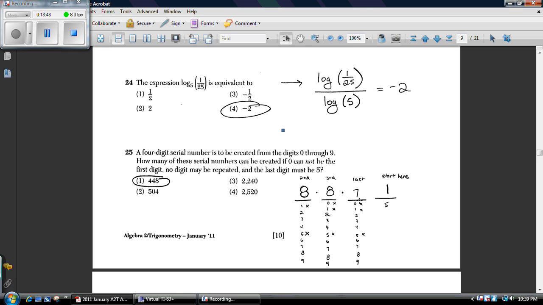That gives me, for the last and final spot, 7 choices, right? 0's been taken, 1's been taken, and 5's been taken. That means that there are 7 other choices left. And all you do is multiply these numbers across. It's like a pants, socks, shoes type problem where you try to figure out all the different combinations you could create, and you get 448.